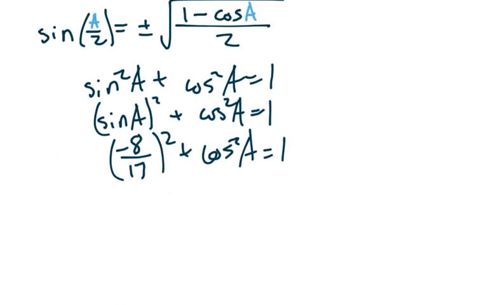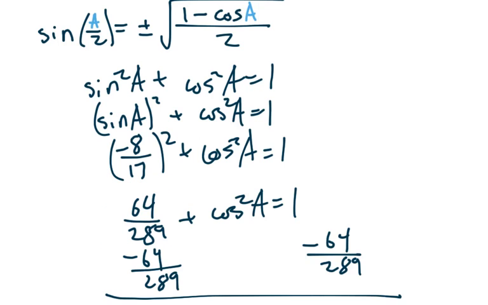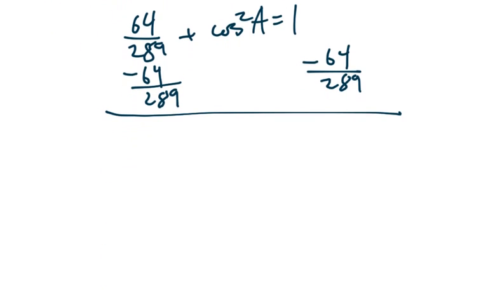This is something that we can simplify. 8 times 8, and negative times negative, 64 over 289, plus cosine squared A equals 1. Subtracting this from both sides, so that we get cosine squared A by itself. Cosine squared A is equal to 1 minus 64 over 289.